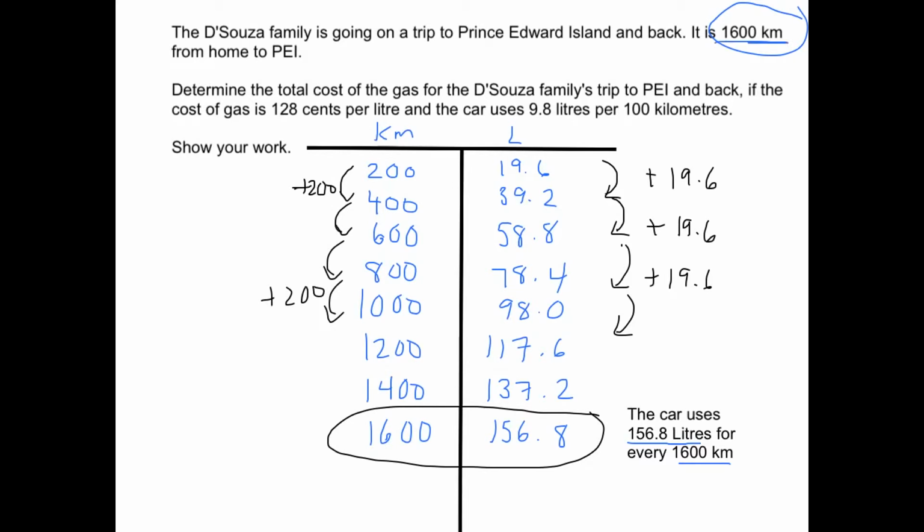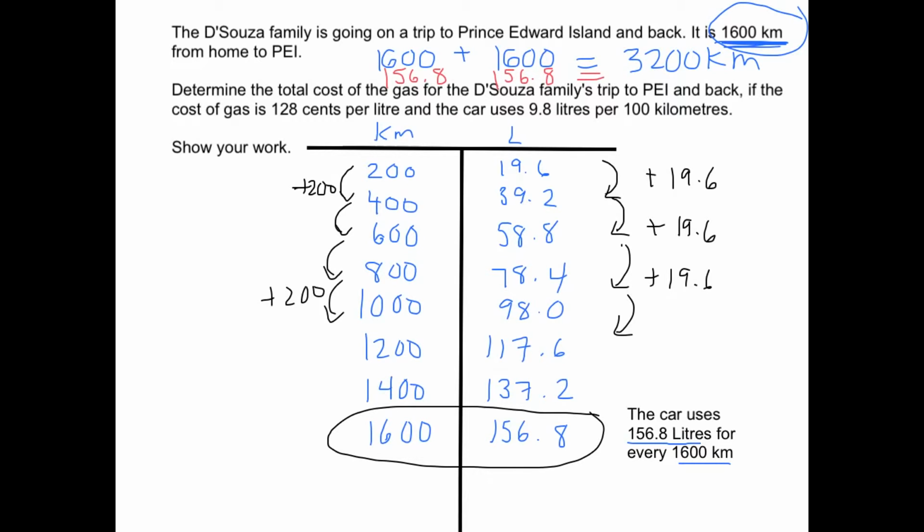We know that it's 1,600 kilometers one way, but they're going to PEI and back. So that would be 1,600 kilometers one way plus another 1,600 kilometers the other way for a total of 3,200 kilometers. Well, if the car uses 156.8 liters one way, it's going to use 156.8 liters the other way.